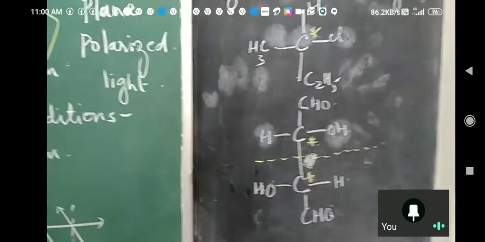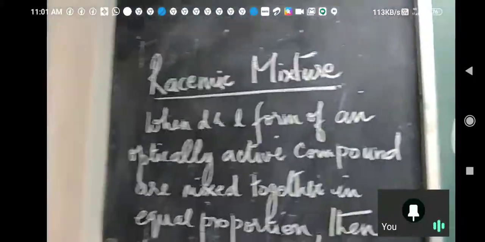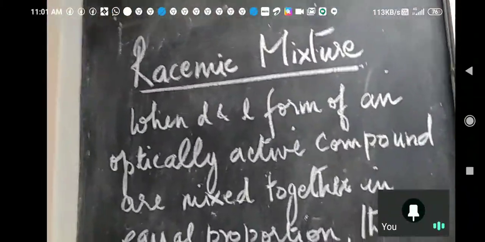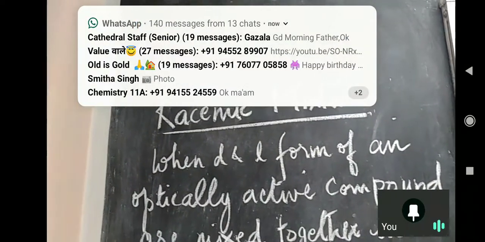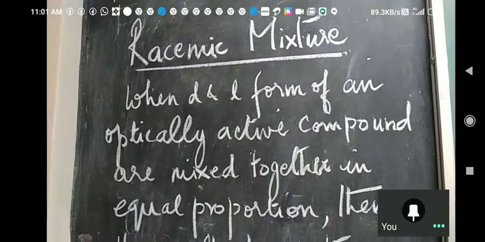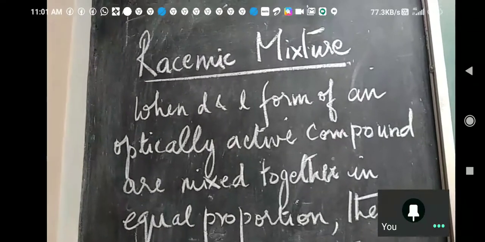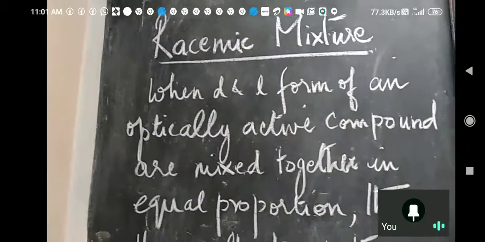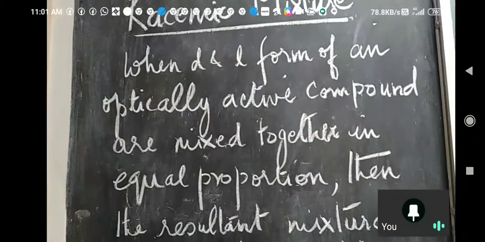All right. Now, one more term concerned with optical activity, and that is, let's come here. What is this written here? Racemic mixture. What is racemic mixture? Where you are having two asymmetric carbon atoms and that line is drawn, it will not show.